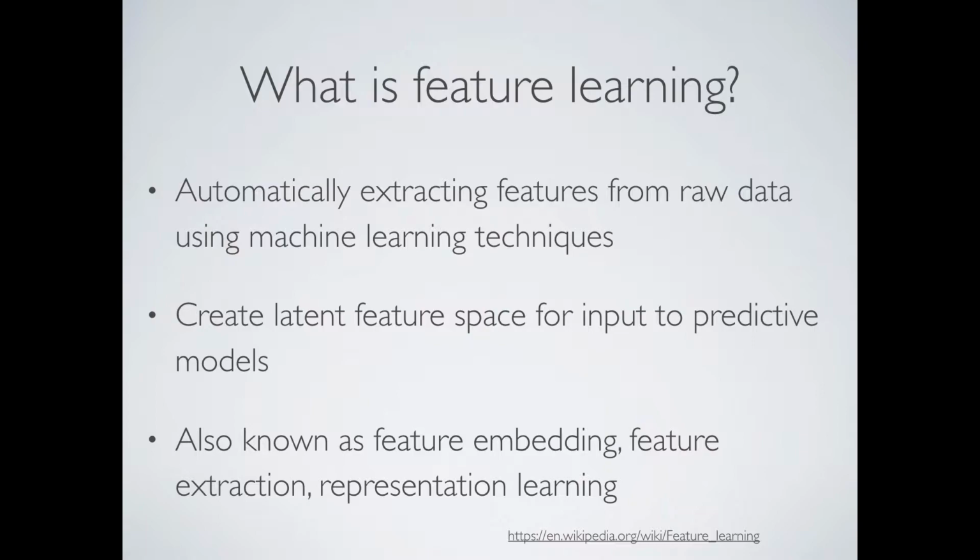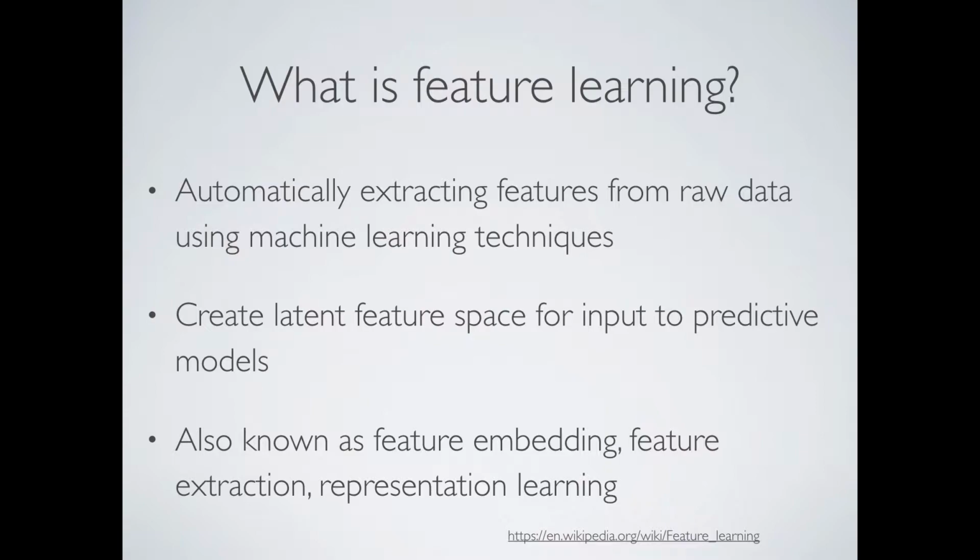Anytime you need to do anything in machine learning, you need to create features, which are your input data to your machine learning model, so that the model or algorithm can actually learn something to predict. Feature learning specifically is using these machine learning algorithms to intelligently create those features rather than making them by hand.